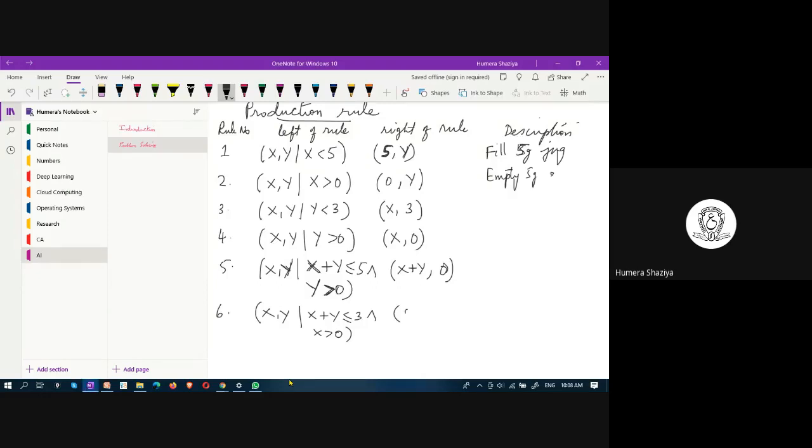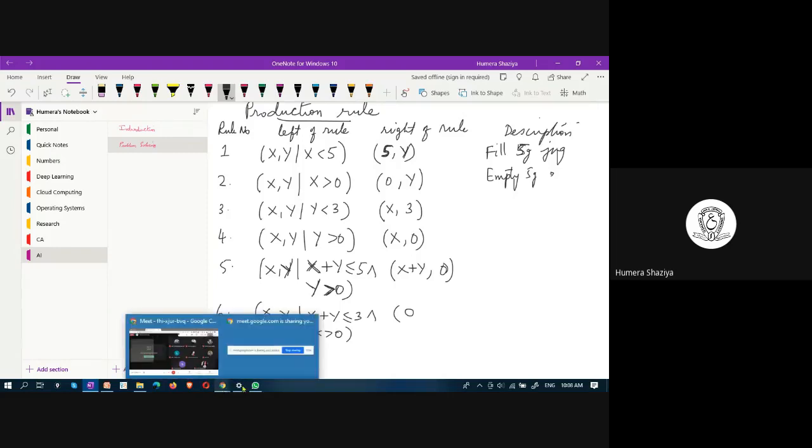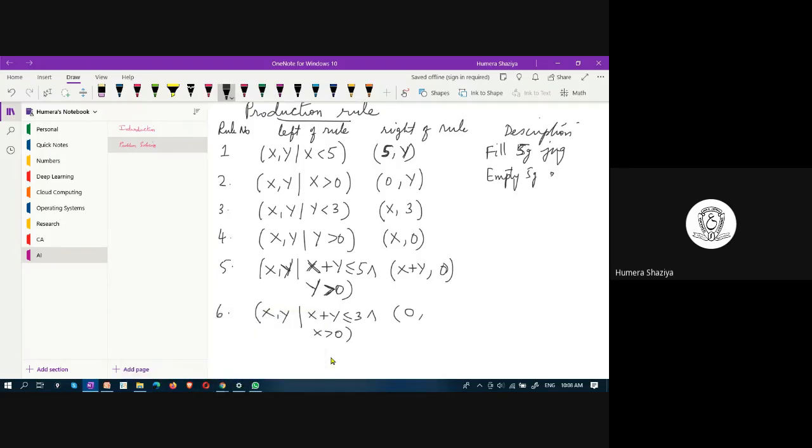So it's like (0, ...). 0 means you are putting all the water from the 5 liter jug into the 3 liter jug. Then the 3 liter jug would have the water which it got from the 5 liter jug, plus it had earlier some water.